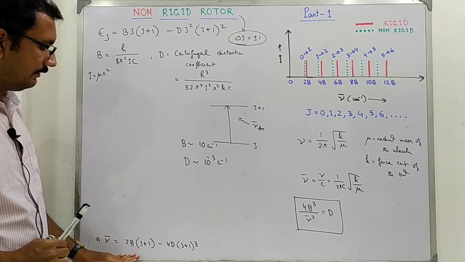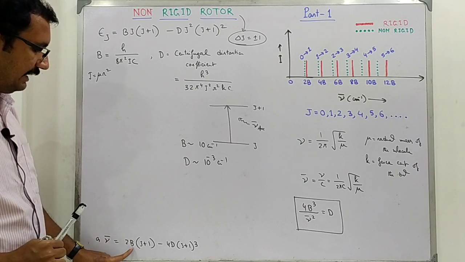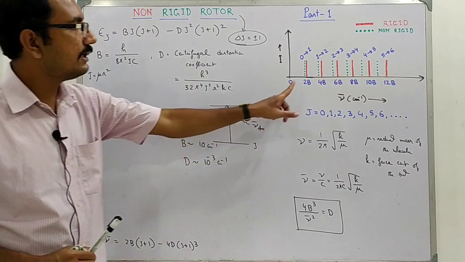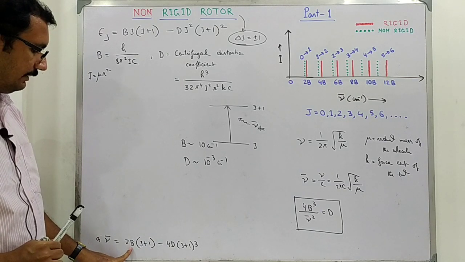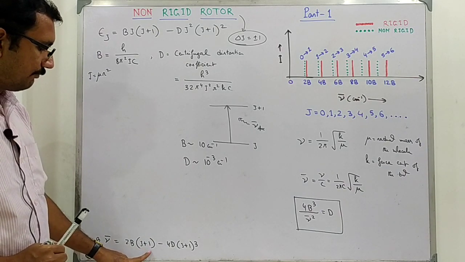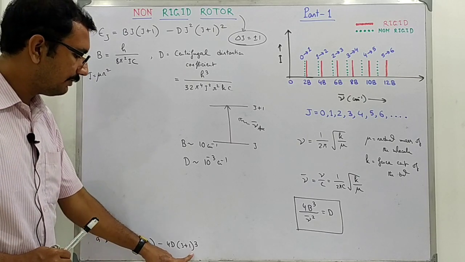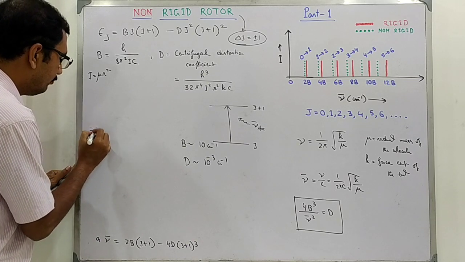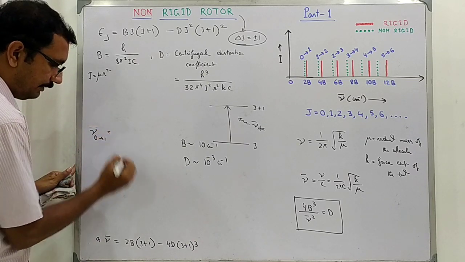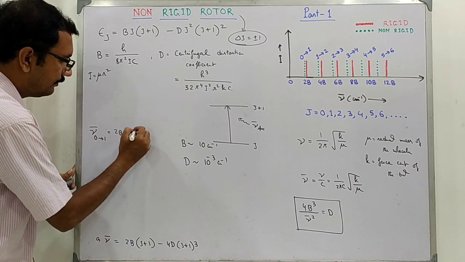in the first line we will have this 2b into, say for the first line the transition is 0 to 1. So, it is 2b into 0 plus 1 minus 4d into 0 plus 1. So, it will look like nu bar 0 to 1 equals 2b minus 4d.